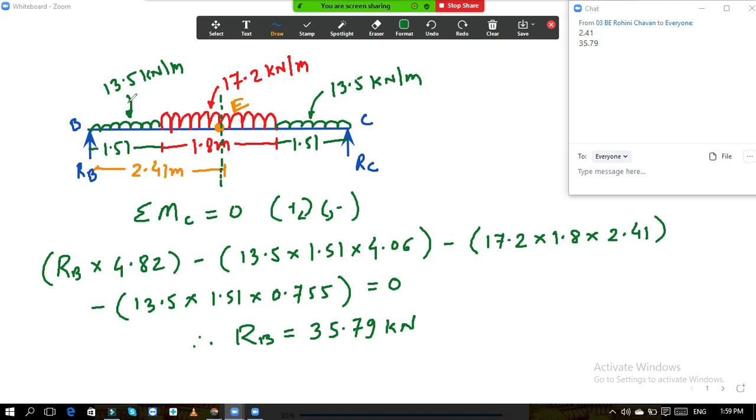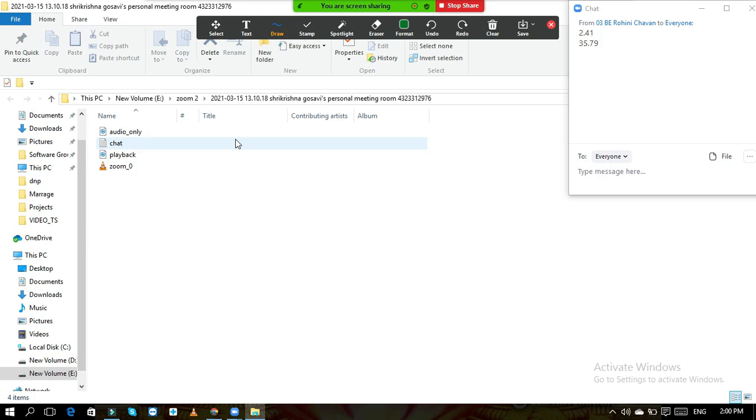And this is moving downward, then it is minus. 13.5 into 1.51 is the conversion of this UDL into the point load, and that will act at the center of this 1.51. So what is the distance from point E? It is 1.51 by 2 plus 0.9. So it is 1.65, it comes around that, check it.